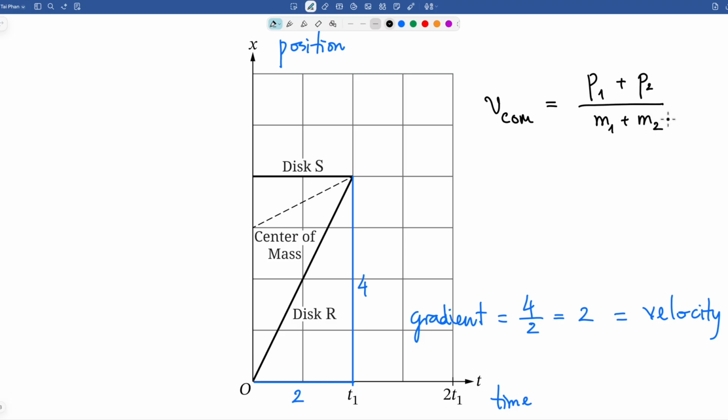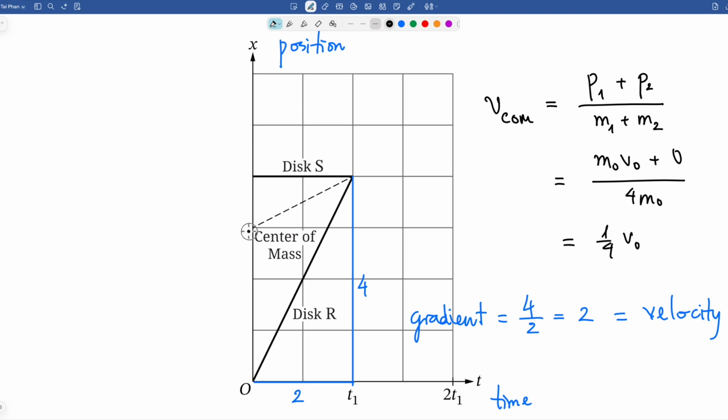Before the collision, the momentum P1 is m0 v0 and the momentum of the second object is 0, and the total mass is m0 plus 3m0, which is 4m0. So the velocity of the center of mass is 1/4 v0.